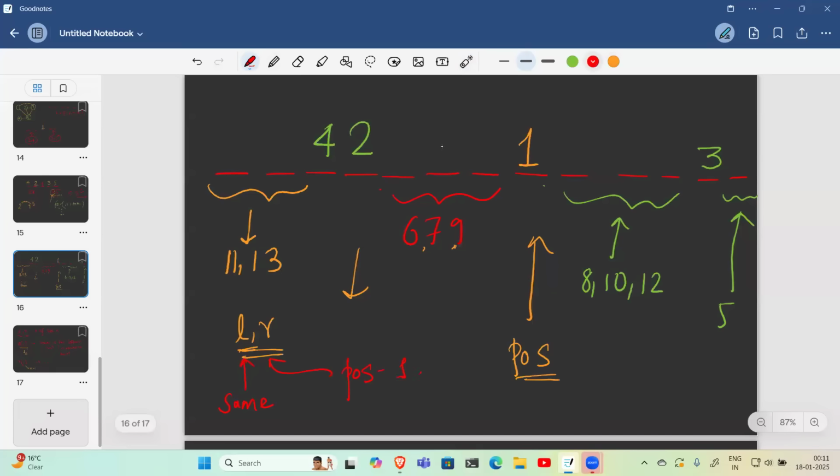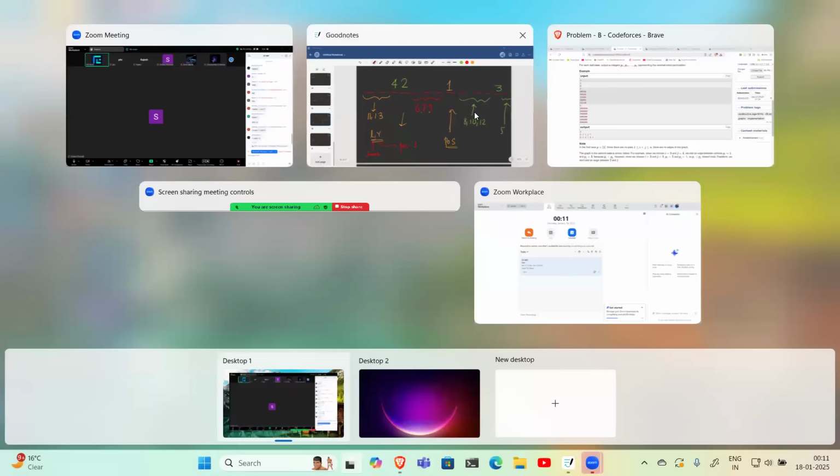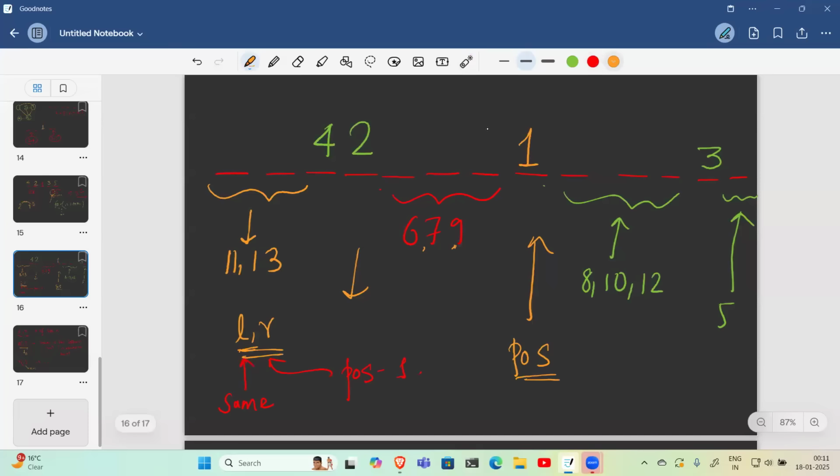Great. Okay, and what changes to the right part of the array? Anyone? Great, pos plus 1 to R. So for the right bunch of elements, what changes do we need to make at L and R? We simply keep L as pos plus 1 and we keep R the same.